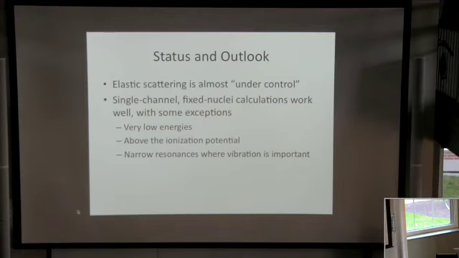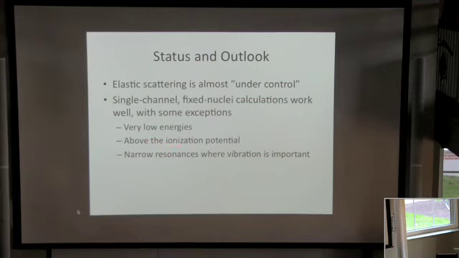Single channel fixed nuclei calculations work well with some exceptions. Very low energies, okay? You've got to worry about non-adiabatic behavior at very low energies. You've got to worry very hard about the long de Broglie wavelength, how to properly account for that. Above the ionization potential, we do not include any coupling to ionization.